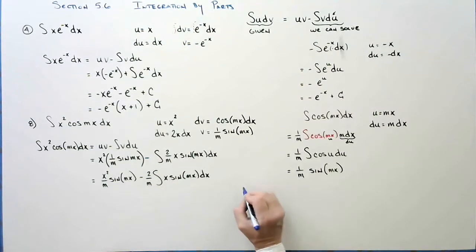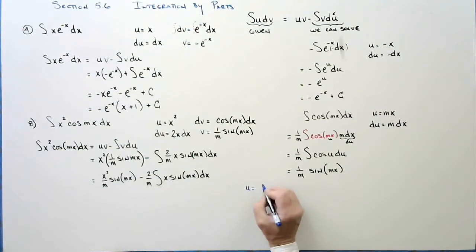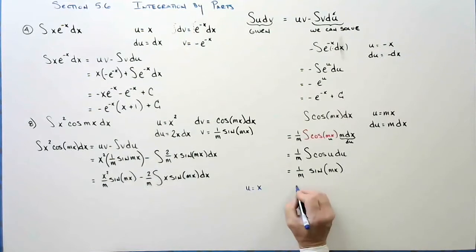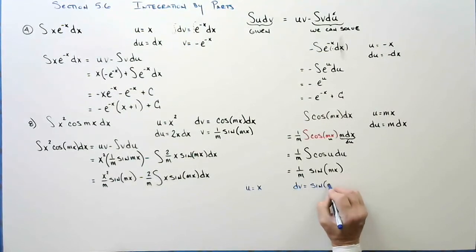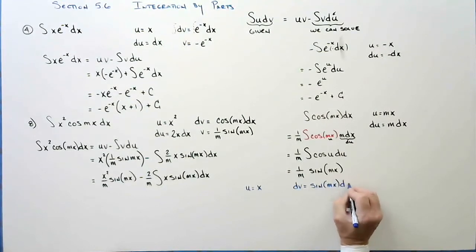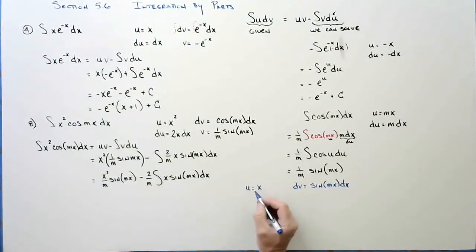We have u. u is going to be x. We have dv. dv is going to be sine mx dx. We know the derivative of this, du is going to be dx.